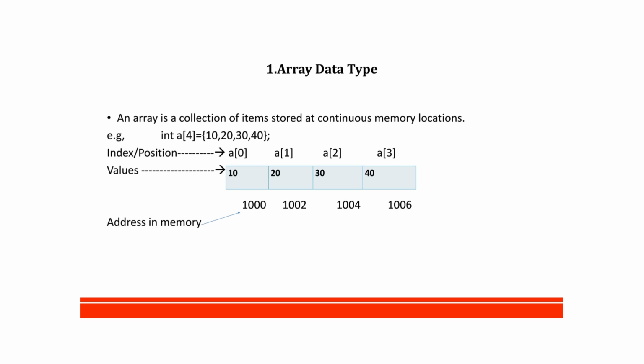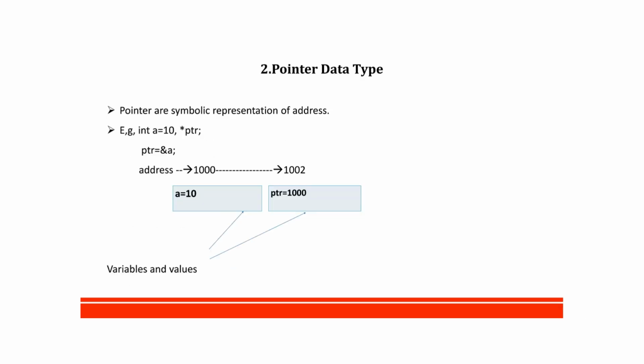What are the types of user defined data types? There are four types of user defined data types in C. They are structure, union, enum, typedef. Structure. As we know, C does not have built-in object-oriented features like C++, but structure can be used to achieve encapsulation to some level.